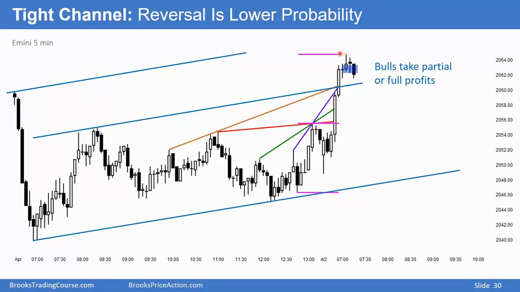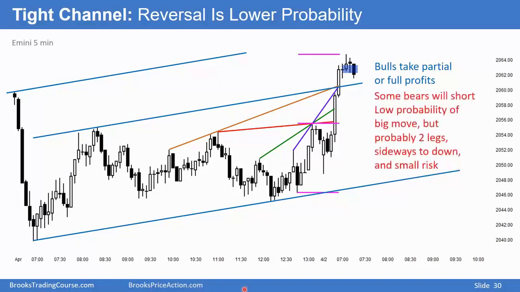Bulls might take profits exactly at the line or a tick or two below, or on the reversal down, a micro double top, and many different ways to draw wedges, and a failed breakout above the top of a bull channel, and a failed breakout above the top of a trading range.